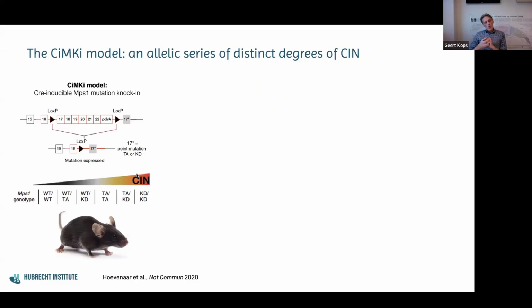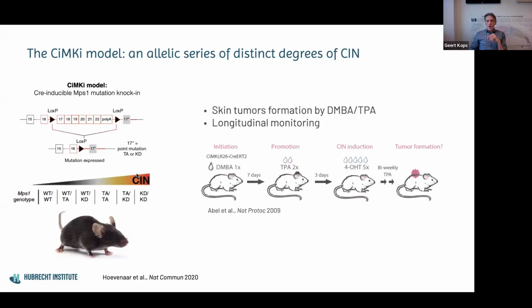What we chose here is a very classic skin tumor model. This is the model in which we have a DMBA treatment that generally just induces a KRAS mutation. This is followed by TPA application, which has all kinds of effects, but by and large, a very important factor in TPA treatment is inflammation, but there are also some regenerative responses and other responses that it induces.